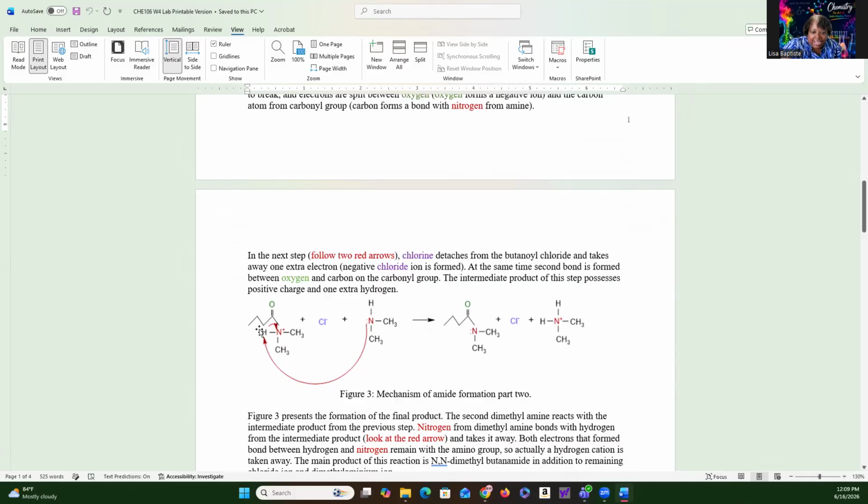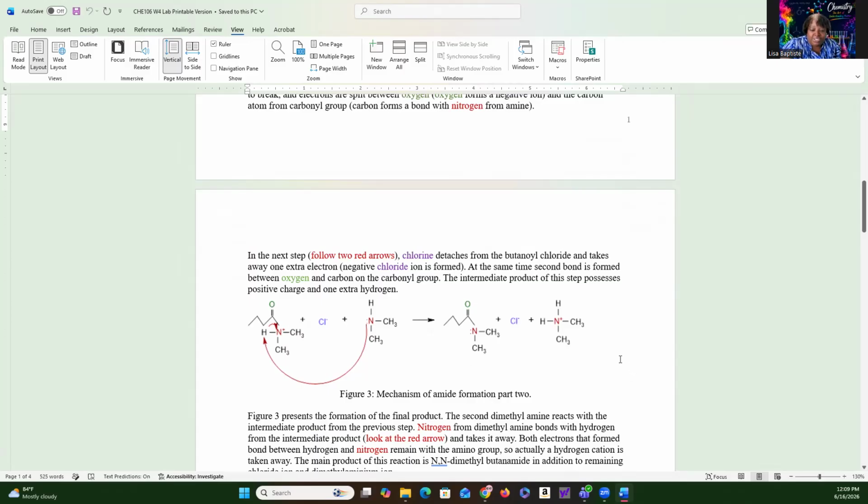When it takes the hydrogen, it forms this compound, which remember, it now has 4 bonds, so it has a plus charge. And so the bond between the nitrogen and hydrogen here are now going to reform the lone pair of electrons on the nitrogen, and so it no longer has that positive charge. So this is the formation of our final amide, okay?